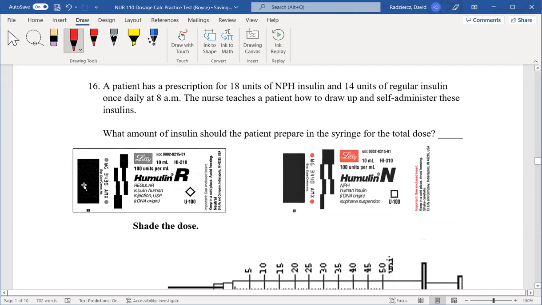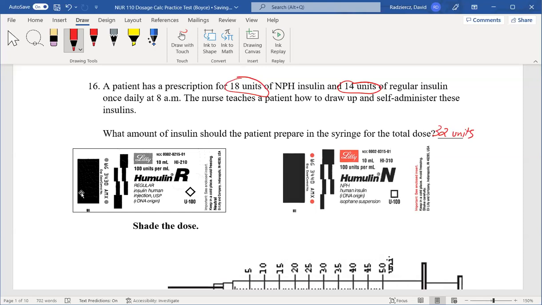All right, now this one is just combining 2 insulins. If you're ever asked, remember you're going to draw up regular insulin first, and then the NPH second. But this question just asks you to add the 2 together, so 14 and 18. So 14 units and 18 units gives you a total of 32 units.